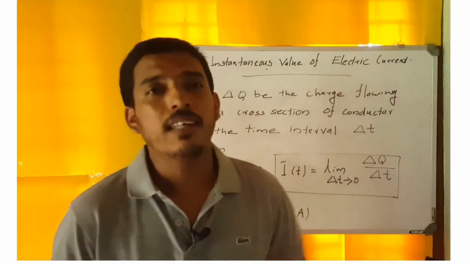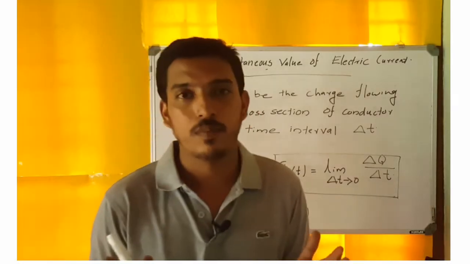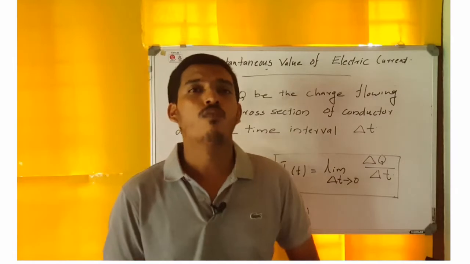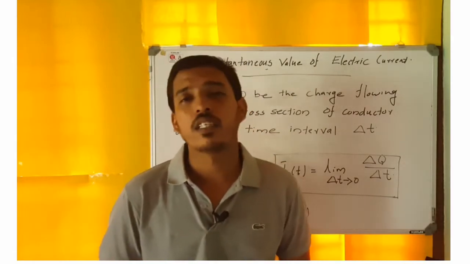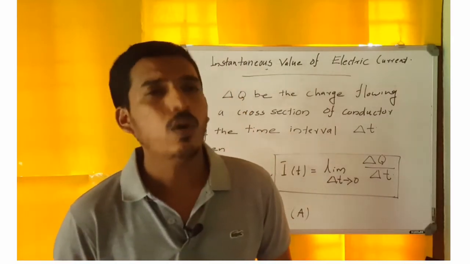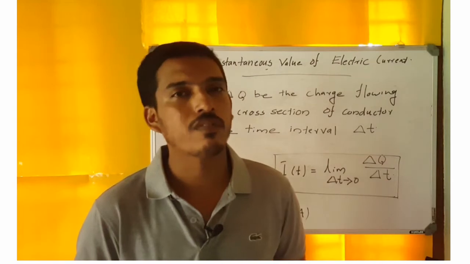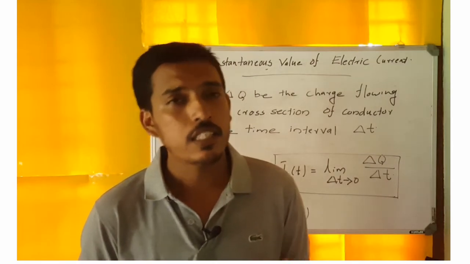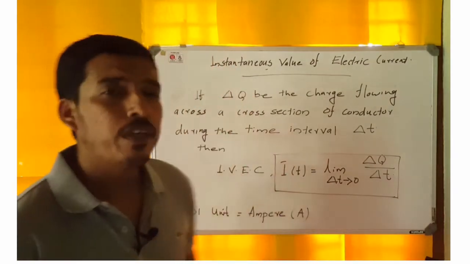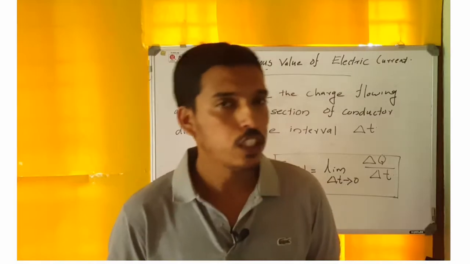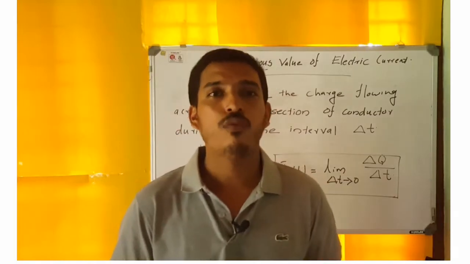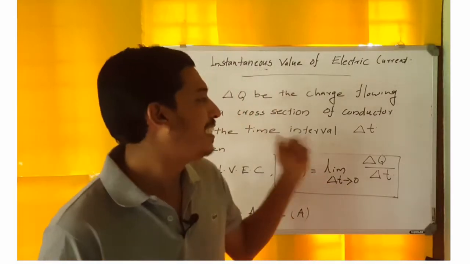Now, the electric current is not always steady, and hence more generally we consider the instantaneous value of electric current. So how can we define the instantaneous value of electric current? Assume delta Q is a very small charge flowing through a conductor for a very short time interval delta t.